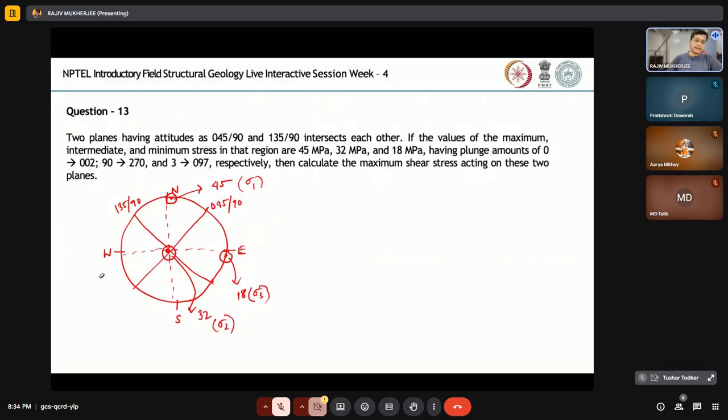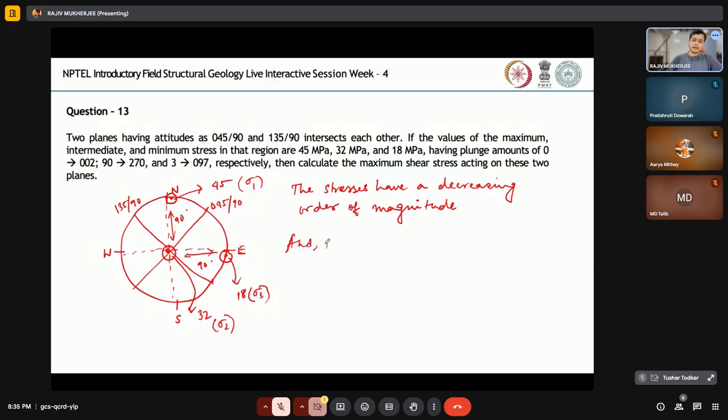So this is 90 degrees, this is 90, and this is also 90.